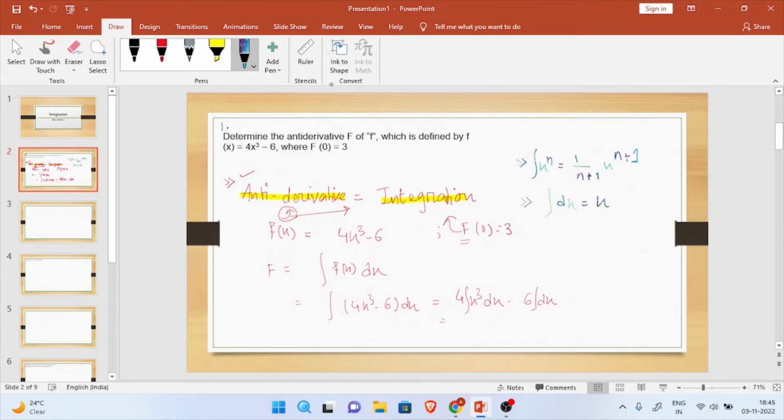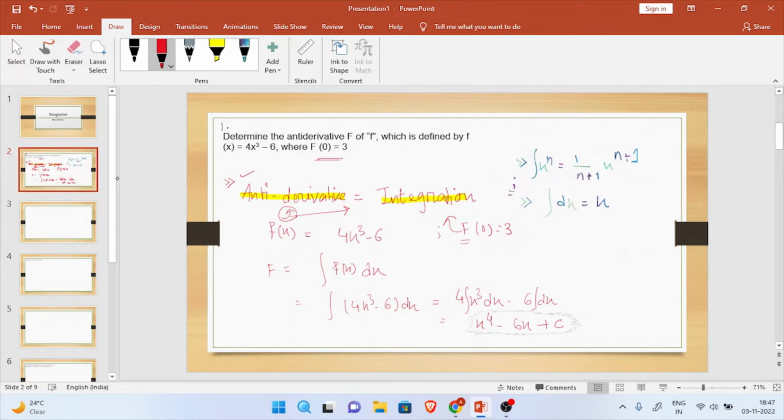For the integration of x cube dx, we will get x to the power 4 minus 6x plus a constant. This is elementary integration.